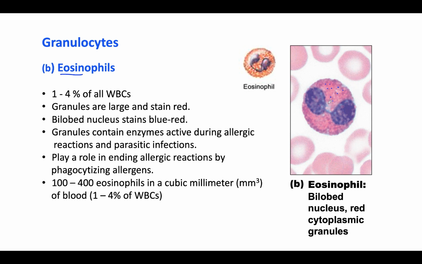The nucleus has 2 lobes, interconnected by a broad band. Granules of eosinophil contain digestive enzymes released during allergic reactions and parasitic infections.